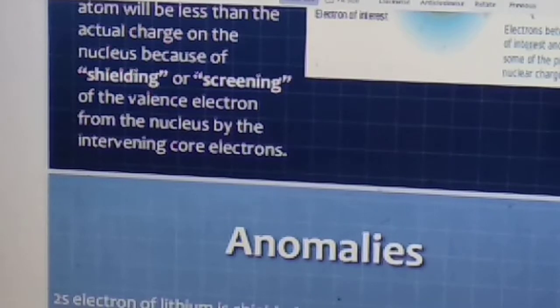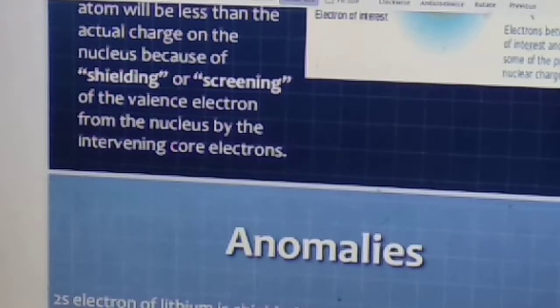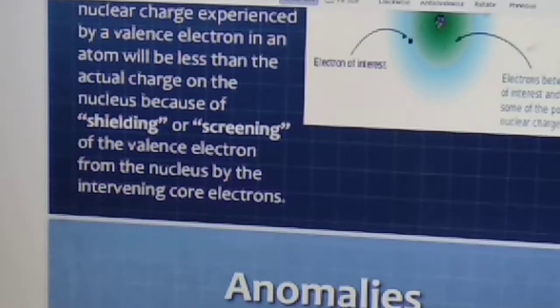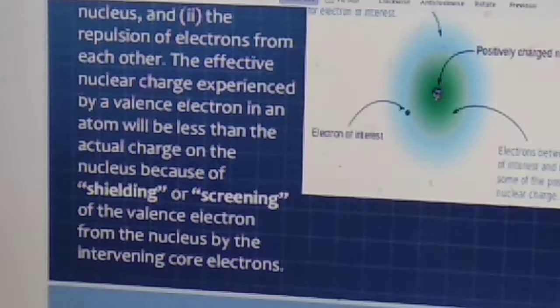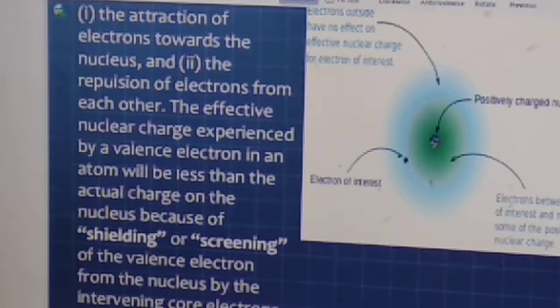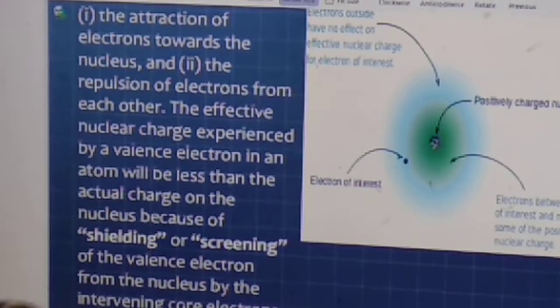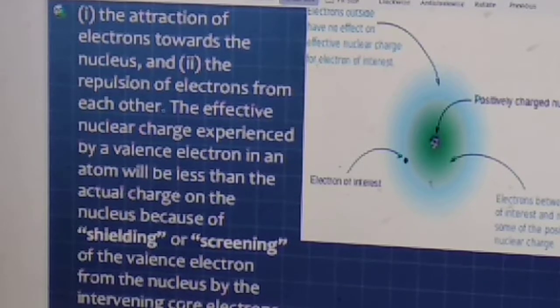So students, what I am telling you: the two effects experienced by the valence shell electrons, one from the nucleus, another from the inner shell electrons. Inner shell electrons and the valence shell electrons have equal charge, so there is repulsion.